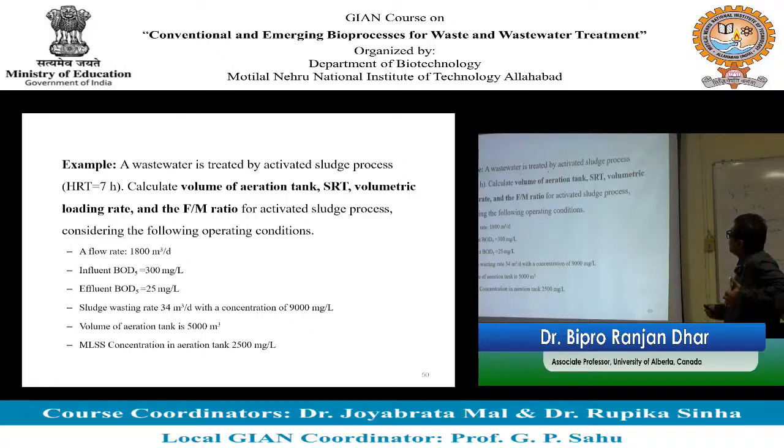Calculate the volume of aeration tank, SRT, volumetric loading rate, and food to microorganism ratio for the process, considering we have a flow rate of 1800 meter cube per day, influent BOD is 300 milligram per liter, effluent BOD is 25 milligram per liter, sludge wastage rate is 34 meter cube per day, and we have a concentration in the waste sludge of 9000 milligram per liter, volume of aeration tank 5000 meter cube, and MLSS concentration, which is X, 2500 milligram per liter.